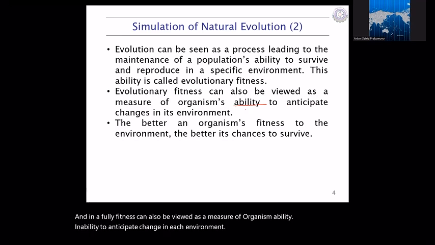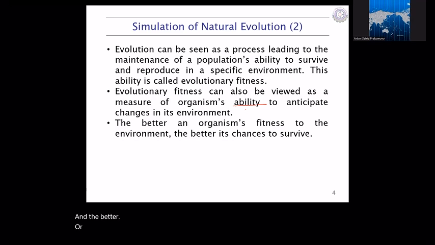The better the organism's fitness to the environment, the better its chance to survive. So the fitness value is one of the parameters for the survival of an organism; we can say the fitness value is the survival factor of an individual, or organism.